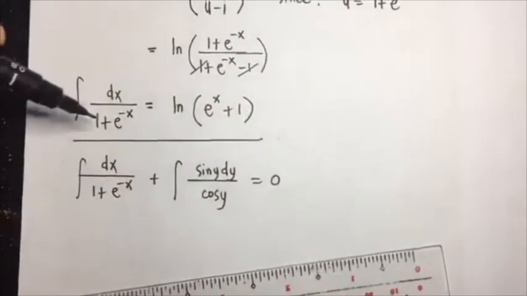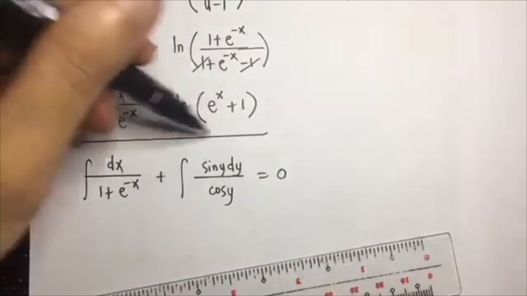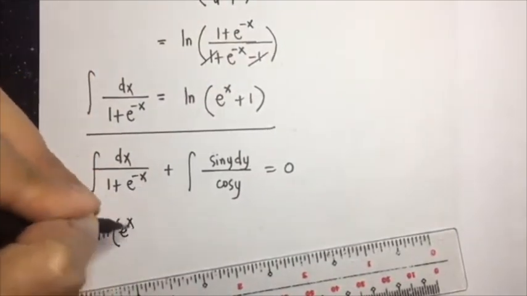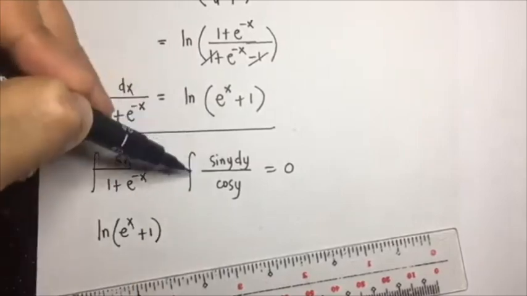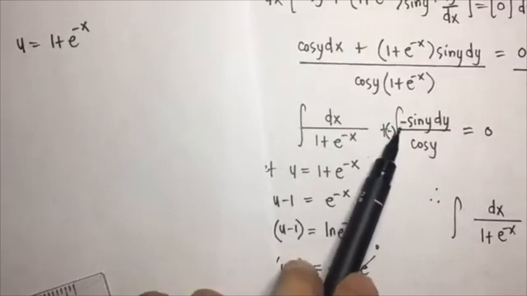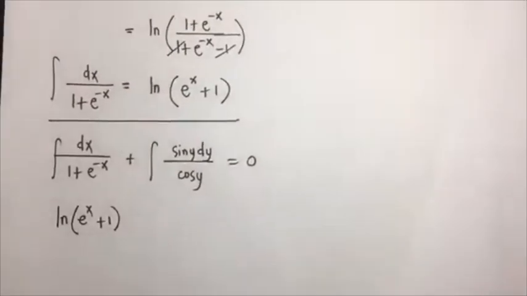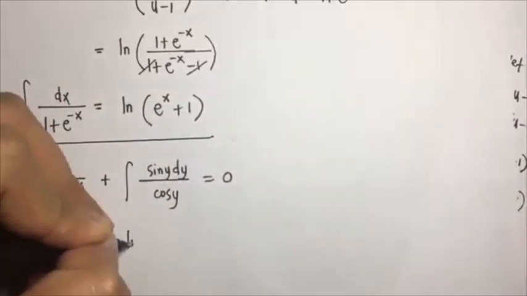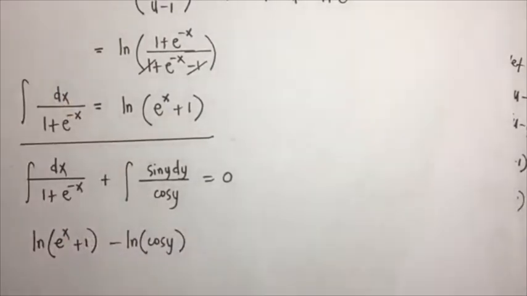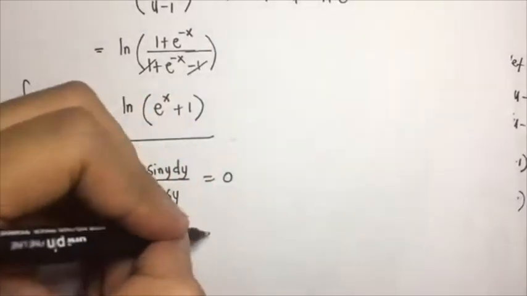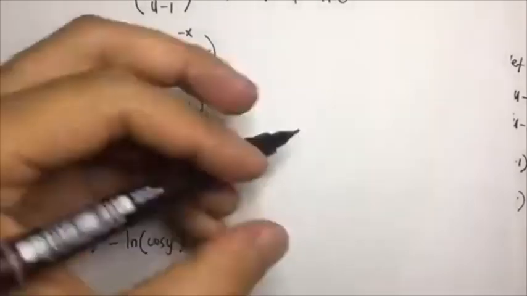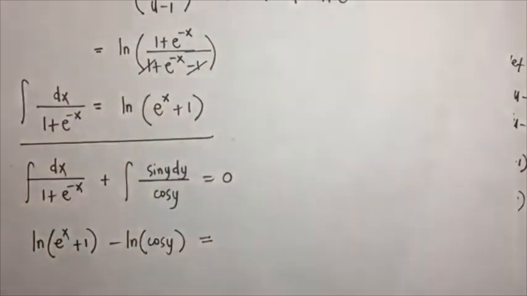Again, the integral of this is this, so we will have ln of e to the x plus 1, and for this one we put a negative sign to complete the differential, so it will become negative ln of cosine of y. Since we're finished integrating, we will add an arbitrary constant, so it is equal to c.